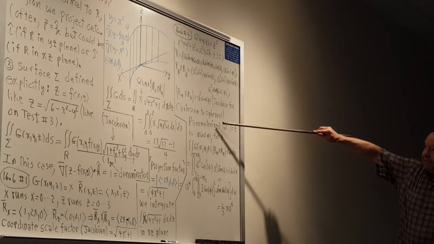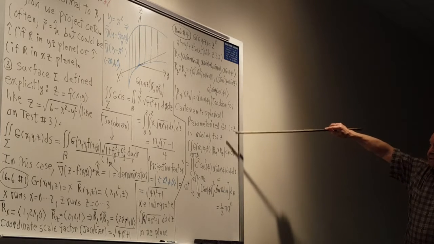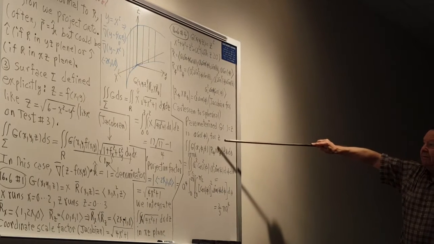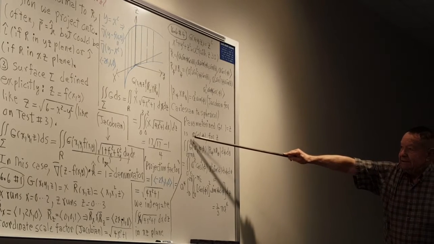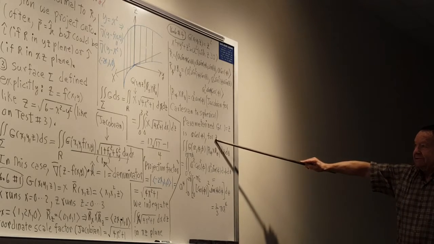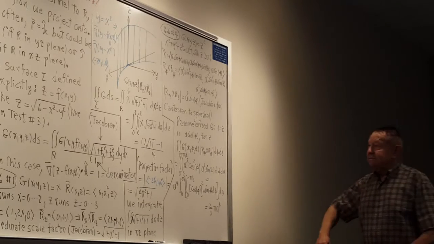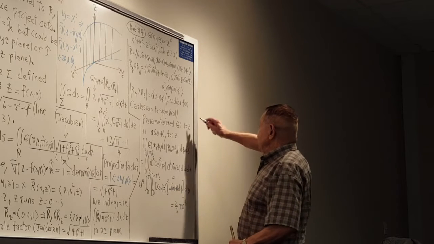So your parameterized function, z square, is going to use a cosine phi for z.